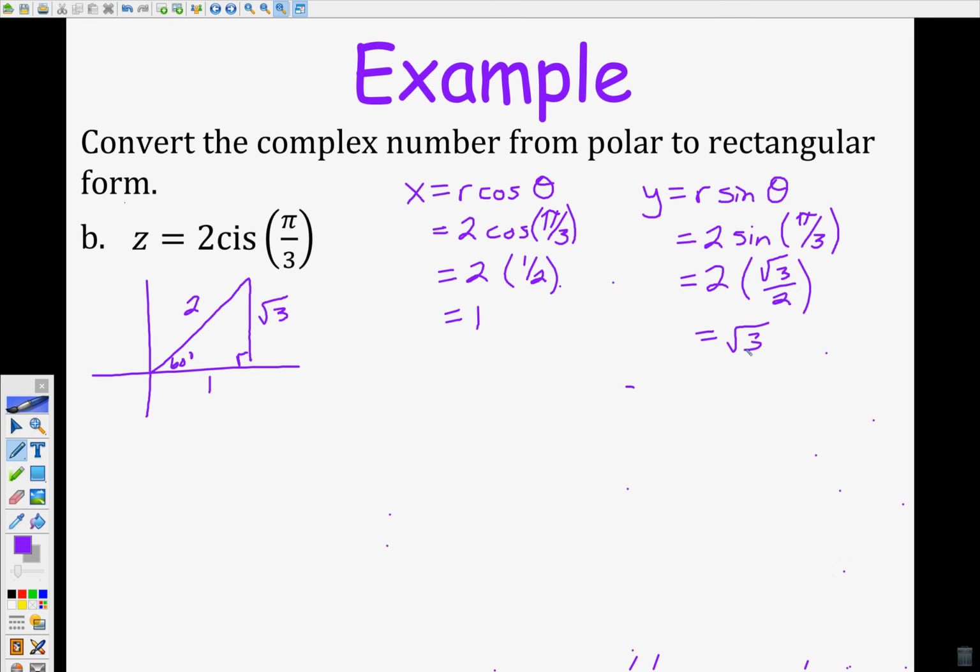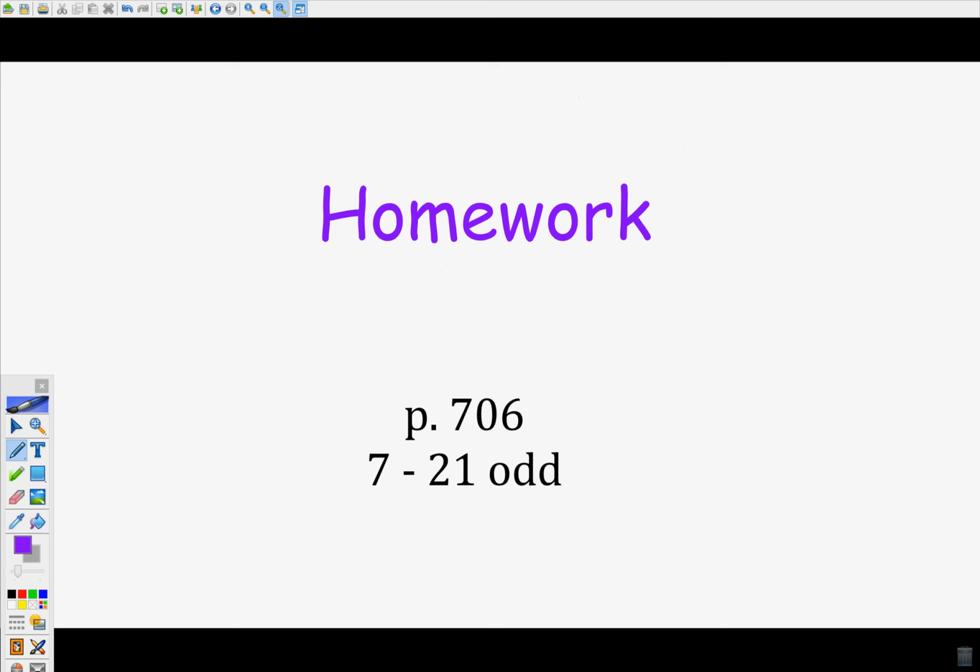So if I'm going to write this in rectangular form, it would be 1 plus i square root of 3. And that is your grammar. The i tends to go first, not at the end. And I believe that is it for today. Good luck on your homework.